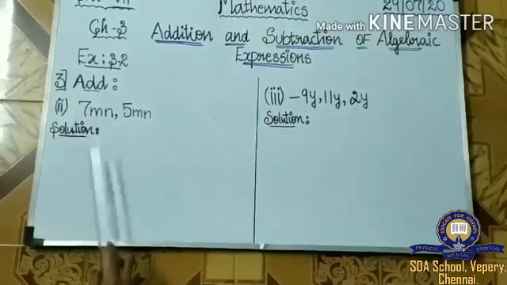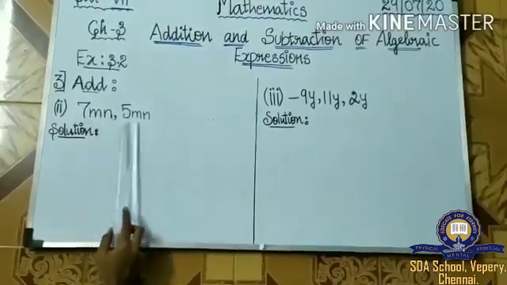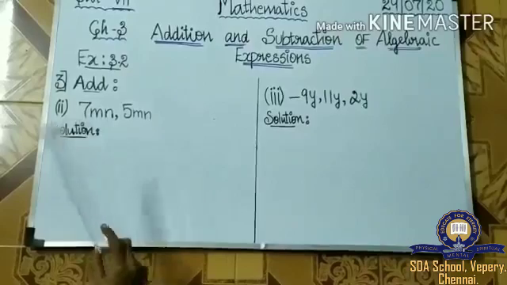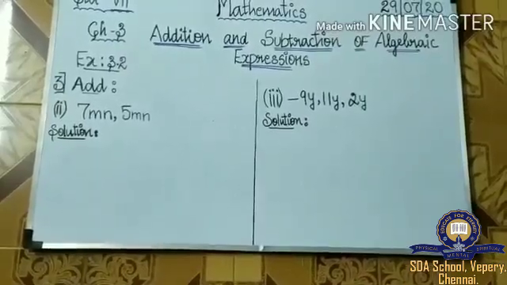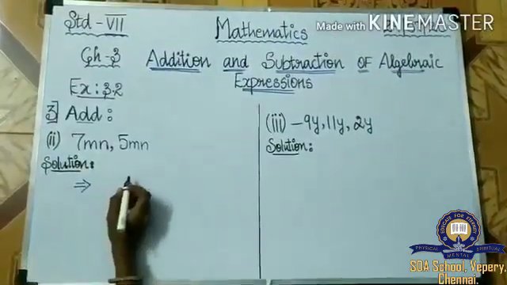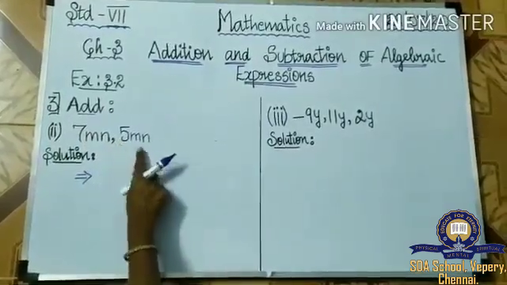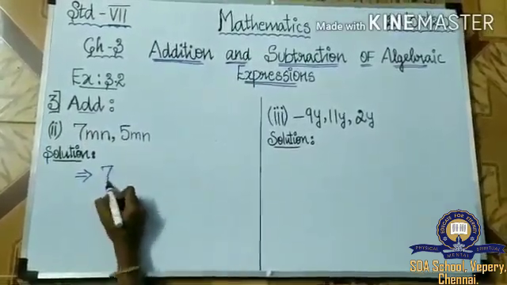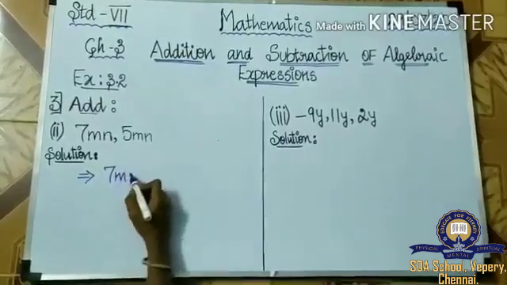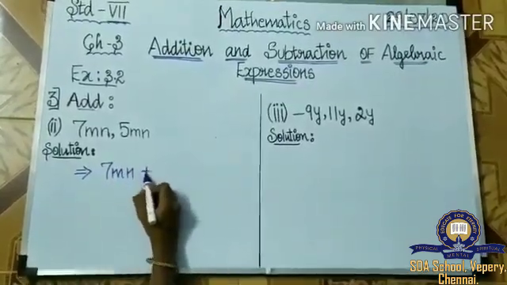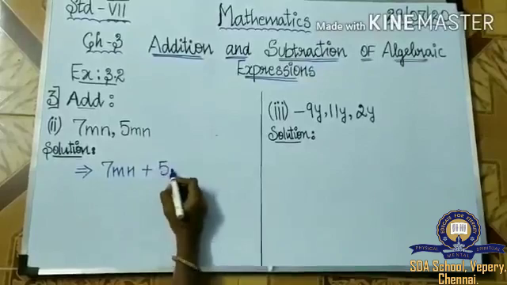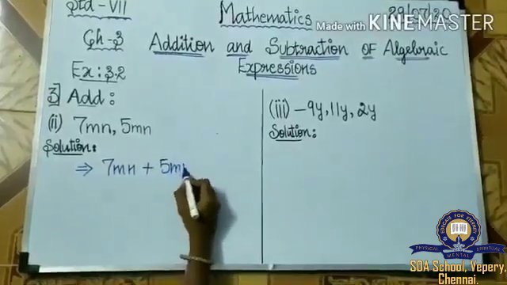Okay, let's move on. Now we are going to add the two terms. Step 1: 7mn add 5mn.